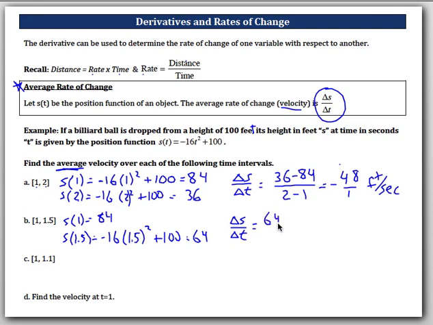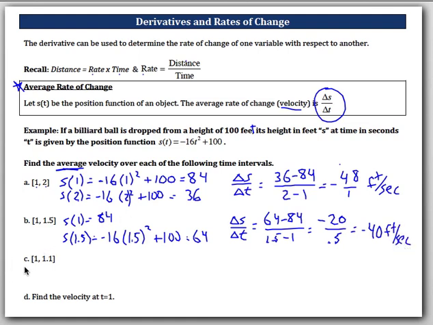So we have 64 minus 84 over 1.5 minus 1. And we get negative 20 over 0.5. And if we divide something in half, it's like multiplying it by 2. So this is negative 40 feet per second.